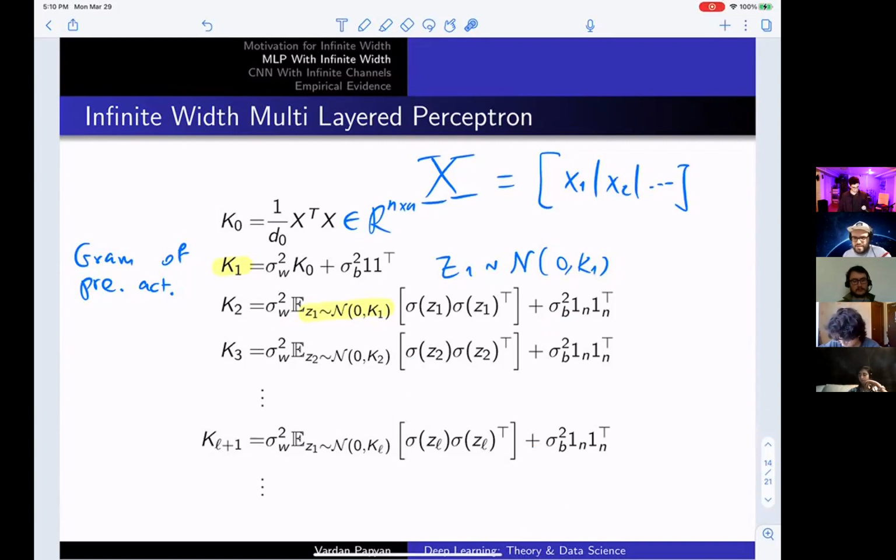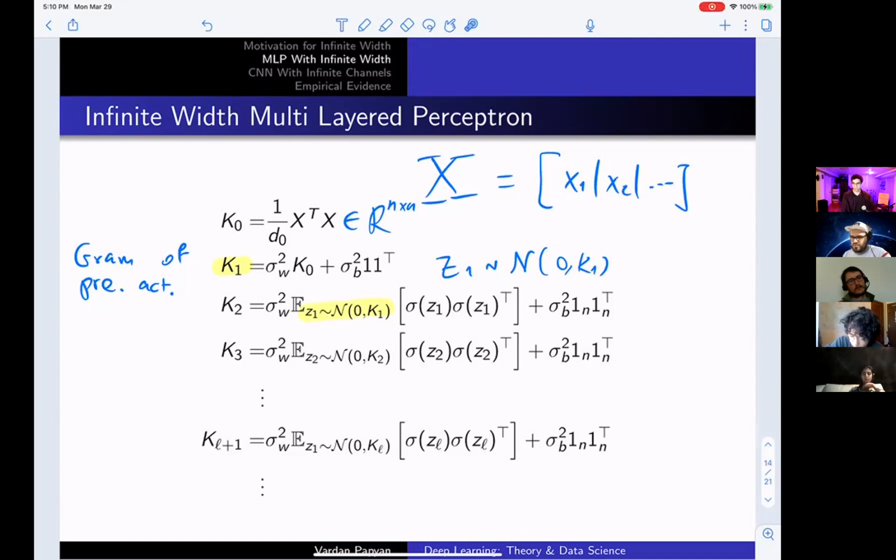And I should emphasize that all of this is done at initialization, at initialization, at initialization. I repeat at initialization several times just to emphasize that this is not at training, it's at initialization. Training will come in the next lecture.